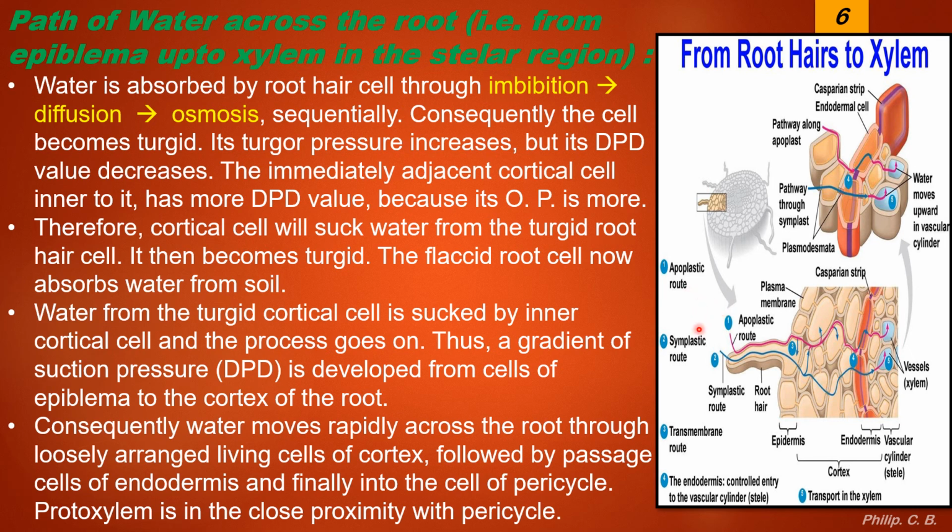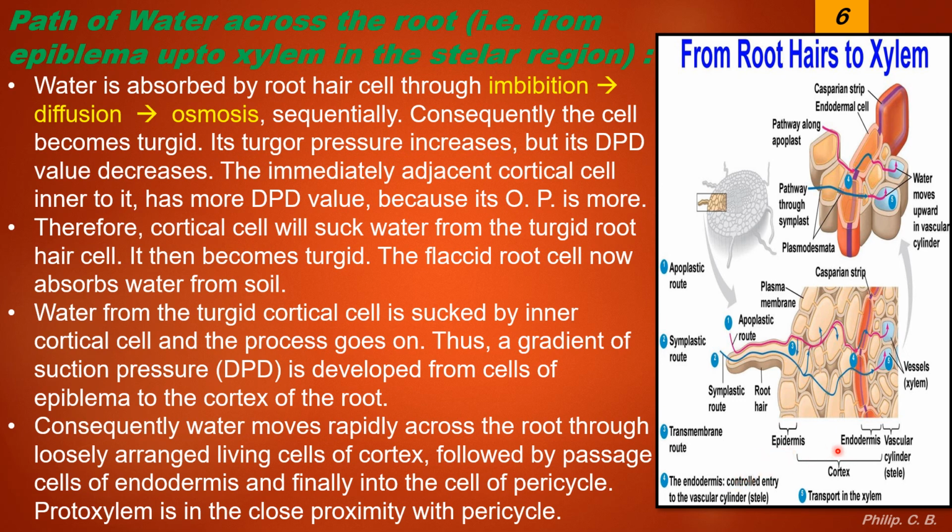Apoplastic root, which you can see here in the light red or pinkish color, and symplastic root in the blue color. So how it passes through the cells. Then further, transmembrane root, the endodermis controls entry to the vascular cylinder, that is stele.